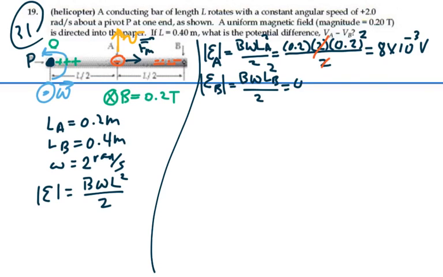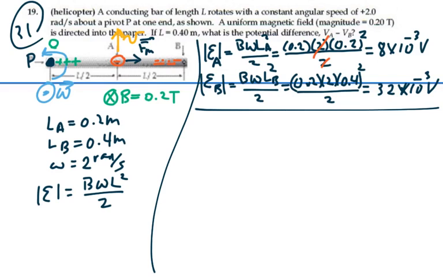So that's 0.2 Tesla times 2 radians per second, times 0.4 as our length, squared, divided by 2. And this is going to be 32 times 10 to the minus 3 volts.